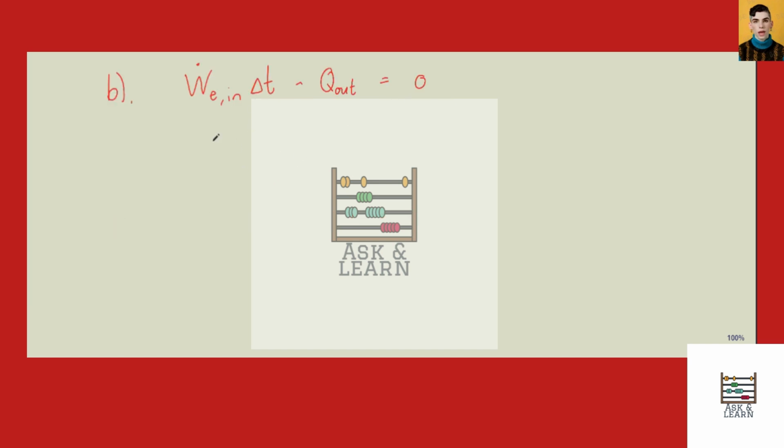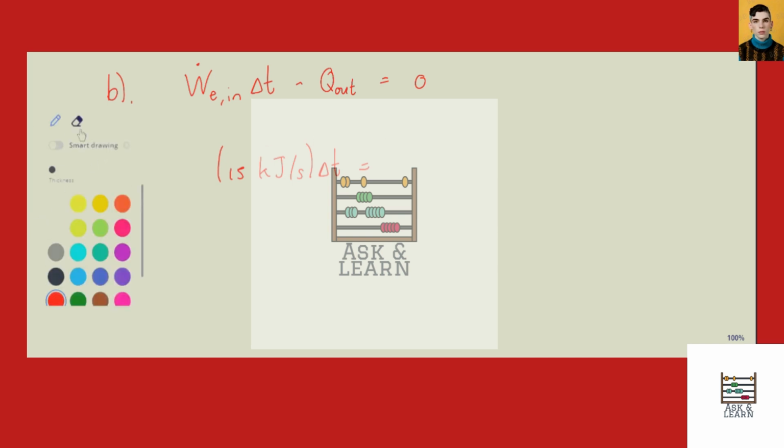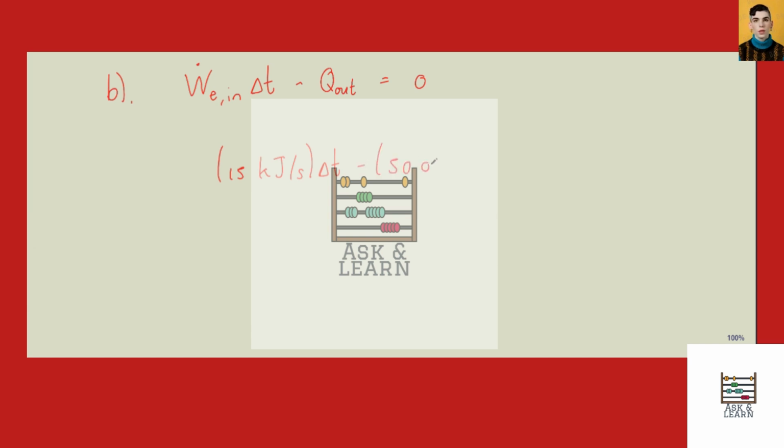So the expression above will simplify even further, and that becomes 15 kilojoules per second times delta T minus, again, we have 50,000 kilojoules of energy leaving the house every hour, multiplied by a total time of 10 hours, and this is equal to 0.